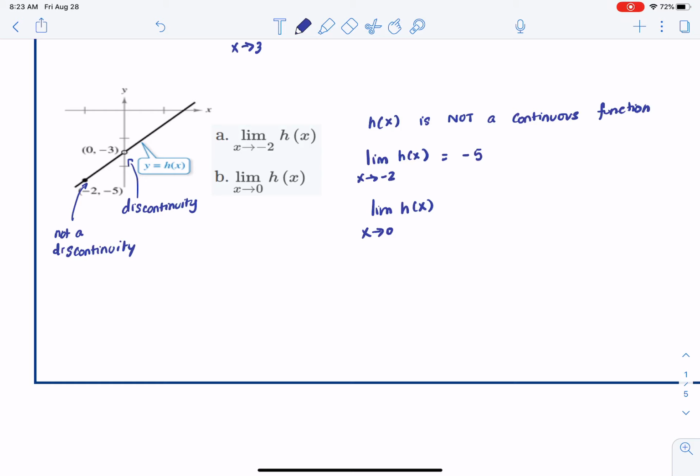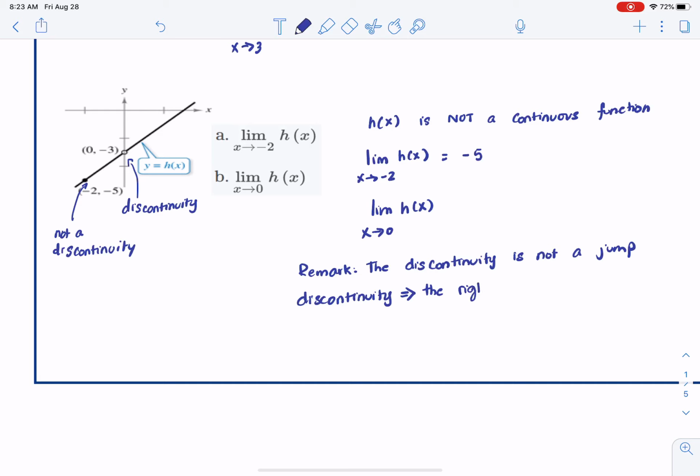This is not a jump discontinuity, and that would mean the right and left limits will be the same, and the limit will exist.